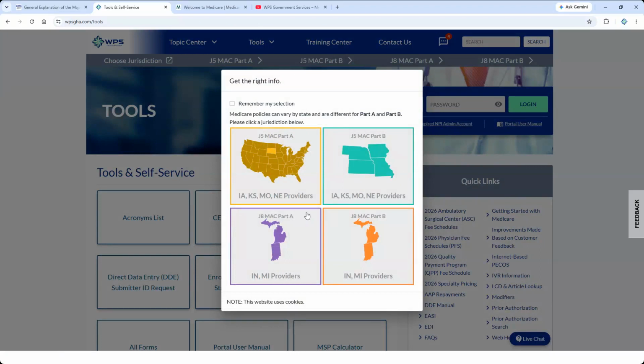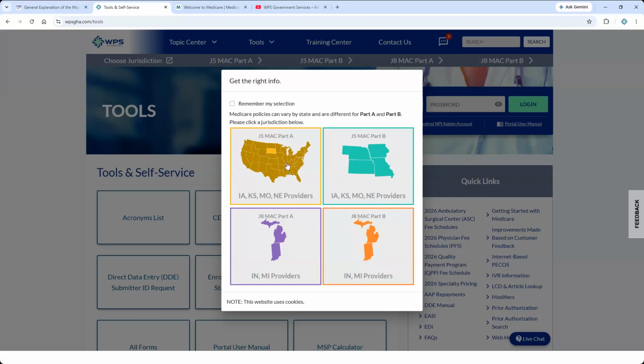If you're in Indiana or Michigan and you submit on a UB04 or 837I, then you're J8 Part A. And if you submitted a 1500 or an 837P and you're in Indiana or Michigan, then you're going to select J8 Part B. Remember, this is not about a service category, it's about a CMS line of business.